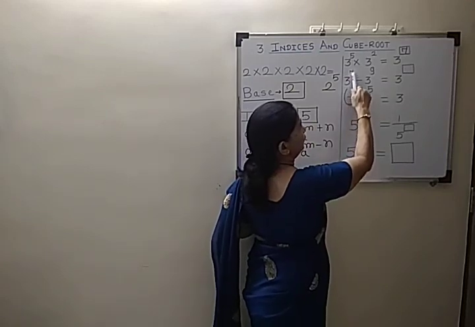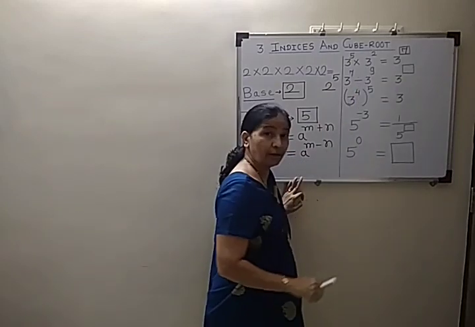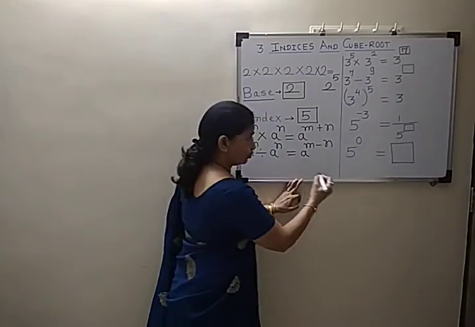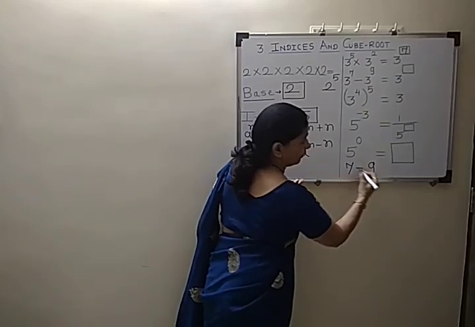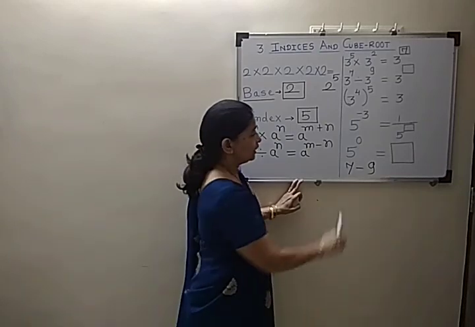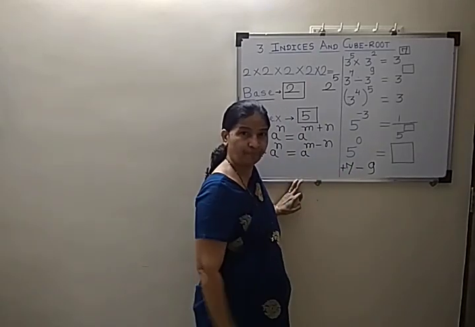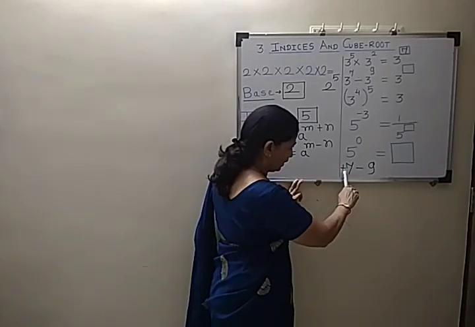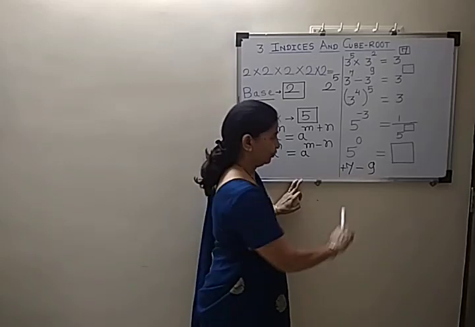That 7 is the first index and 9 is the second index. So 7 minus 9. Okay? Here there is no sign, means plus. One plus and one minus, it is not multiplication.